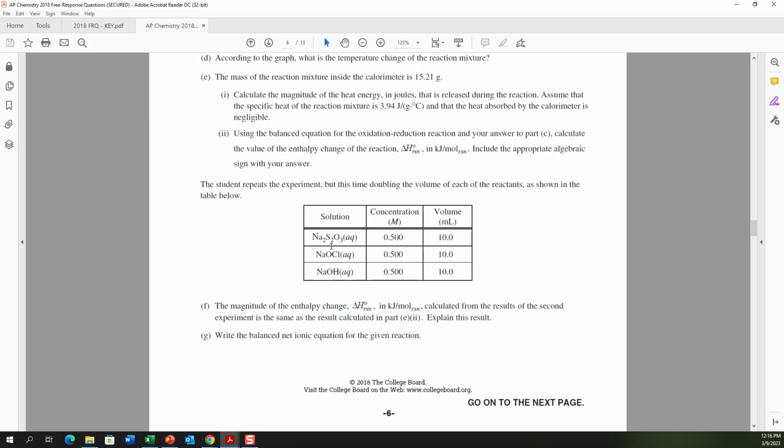So in this experiment, what would happen is more moles of this would react, so more energy would be released, and the temperature change would be greater. But when you divide by how many moles react, you'd be taking your energy value, which is larger than the previous trial, and dividing it by moles, which would also be larger than the previous trial.